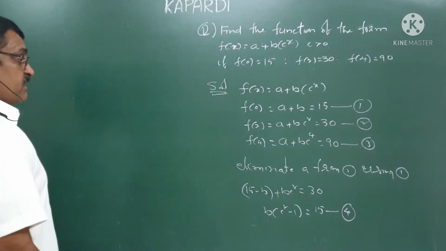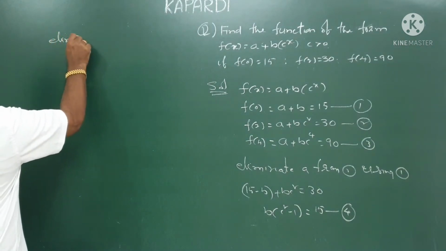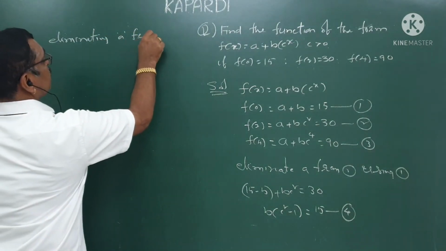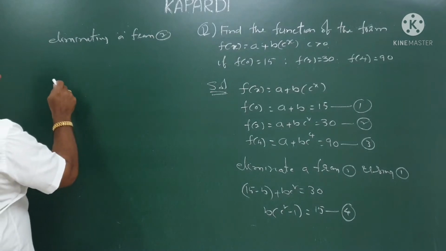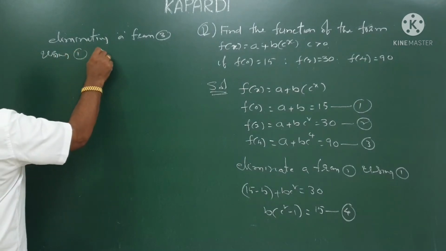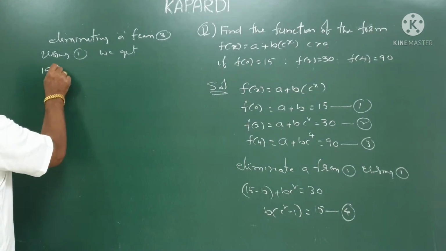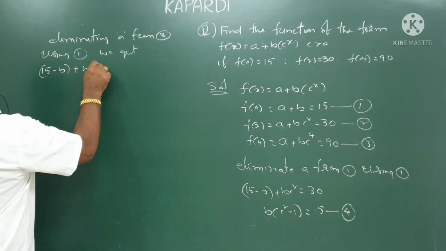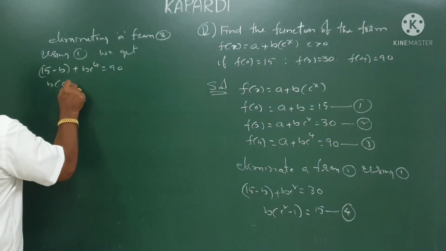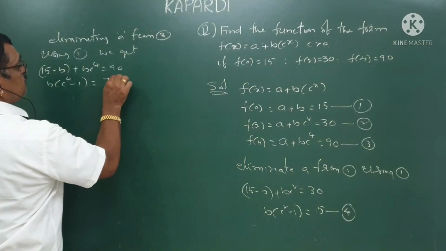I do the same thing between 1 and 3. So I get, eliminating a from 3 using 1, we get 15 minus b plus bc power 4 is equal to 90. Or I can say b times of c power 4 minus 1 is equal to 90 minus 15, that is equal to 75.